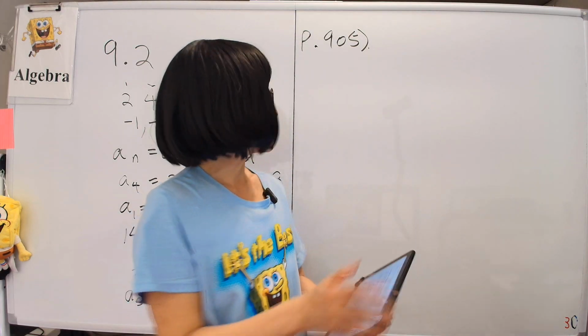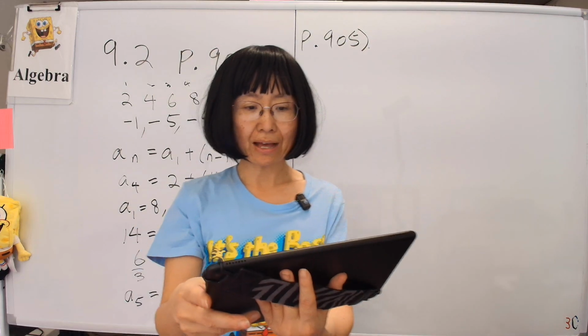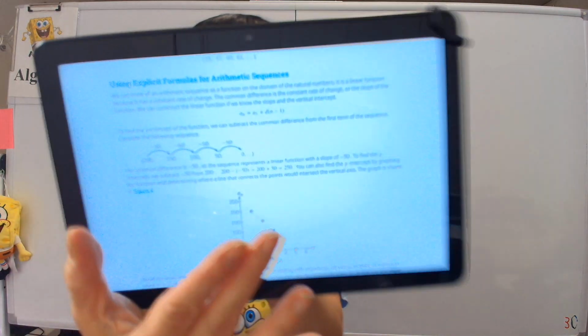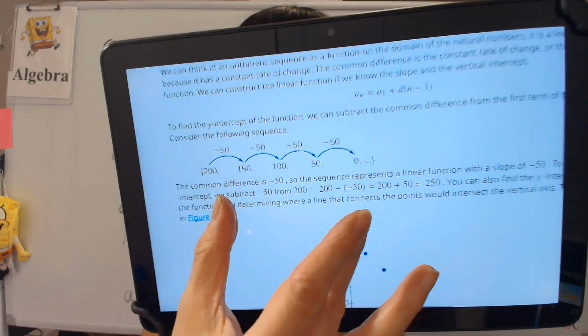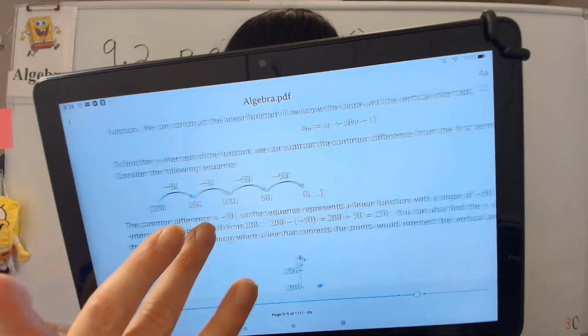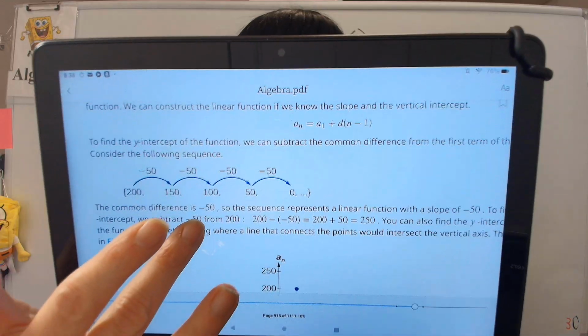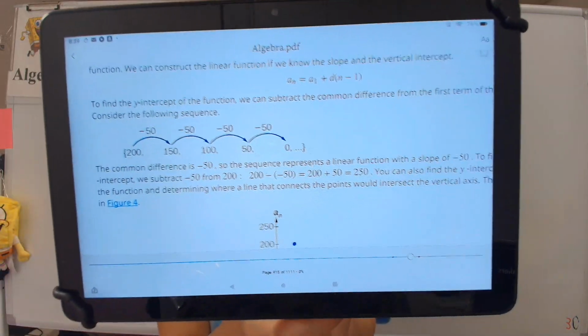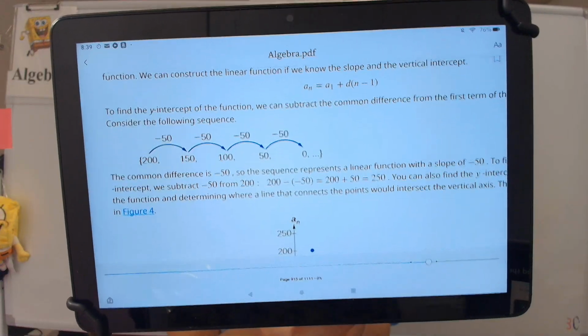So next, let's look at page 905, where we have an example here. The equation stays the same. This is the general equation of the arithmetic sequence that we have learned. That is, an is a1 plus d times n minus 1.